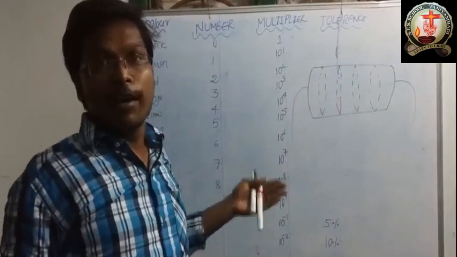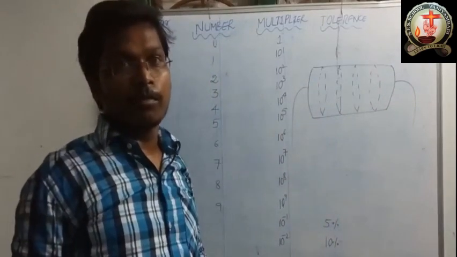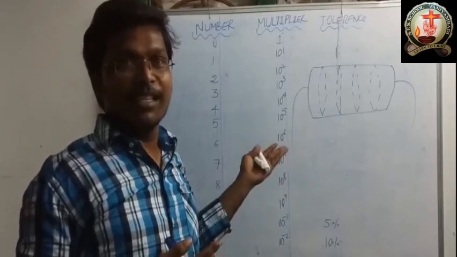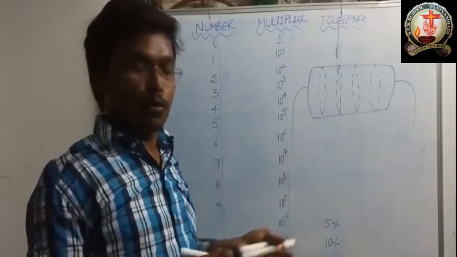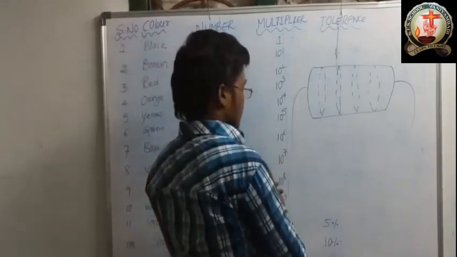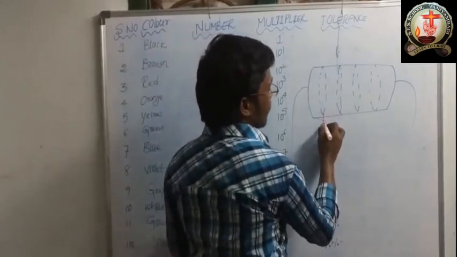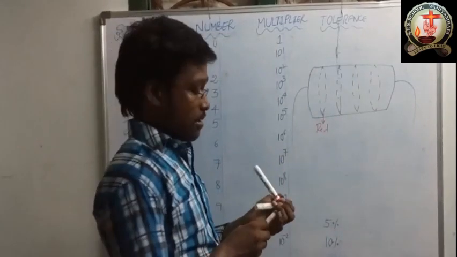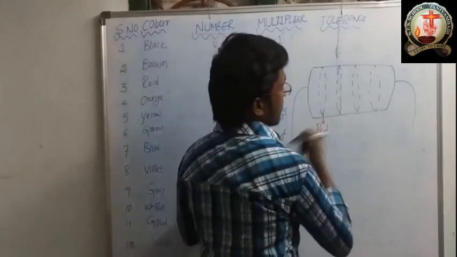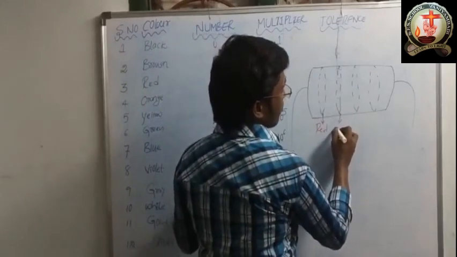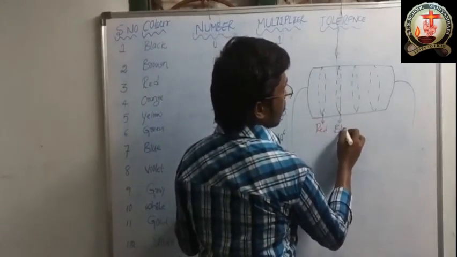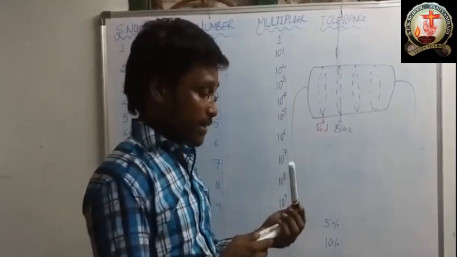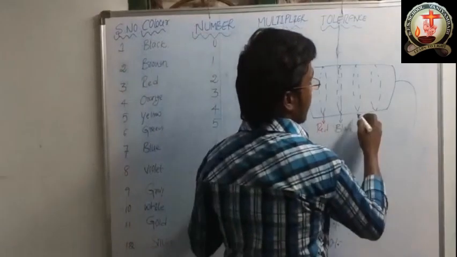I am going to find that resistance value. A colored ring means each ring has a different color. Suppose this first ring is red. This second ring is black, and this third ring is blue.